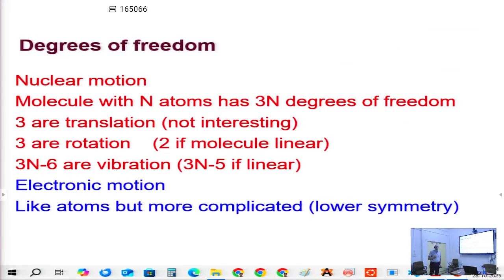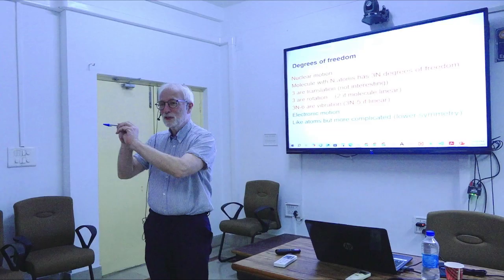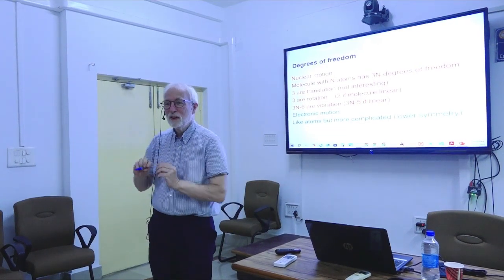You then get 3n minus 6 internal coordinates, 3 of which represent rotations, except if the molecule is linear, in which case I normally have a linear molecule in my pocket. Here we are. So if you have a linear molecule, you can't rotate in this direction because there's no moment of inertia.